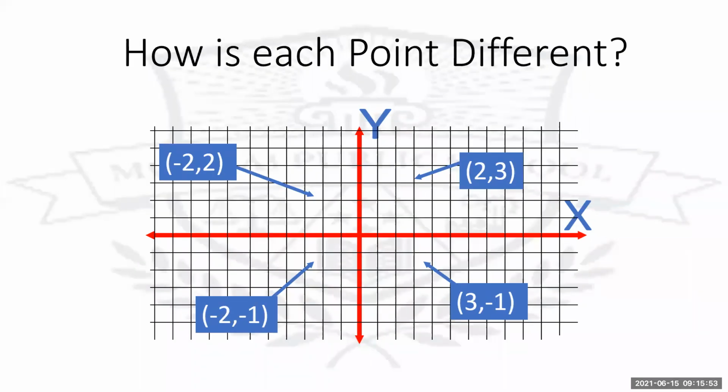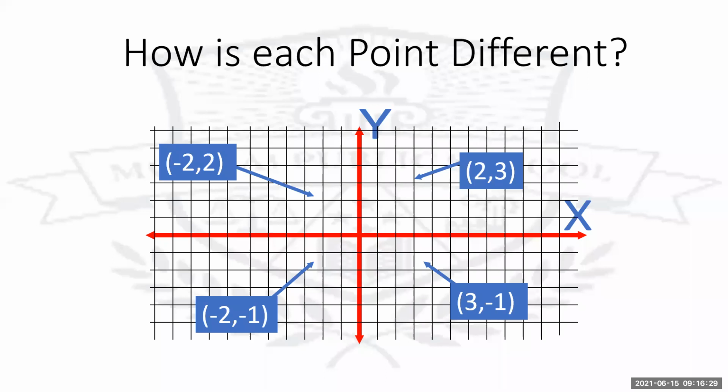Let's check how each point is different. Each point is different because of its position, the location of the point. 2 comma 3 lies in the first quadrant as both coordinates are positive. Minus 2 comma 2 lies in the second quadrant as x is negative, y is positive.